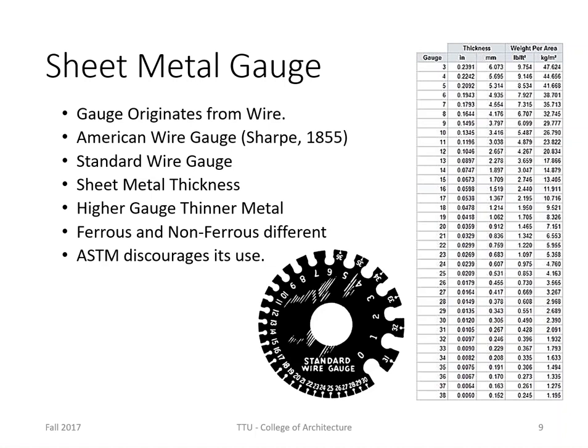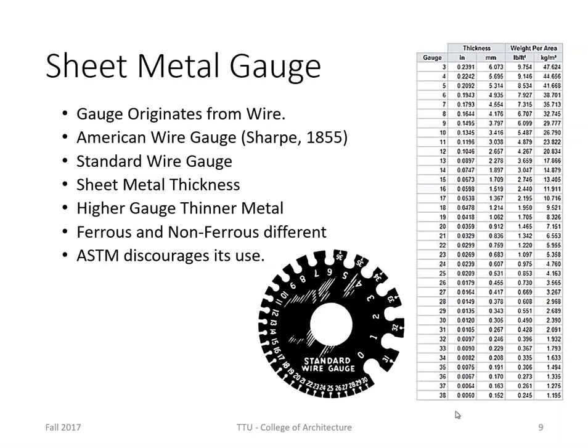But the depth of a sheet metal is determined by what is called a gauge, which is a system set up in 1855 by a man named Sharp, at least the American wire gauge. There is another standard that was created later called the standard wire gauge, which is the one that's primarily used today.